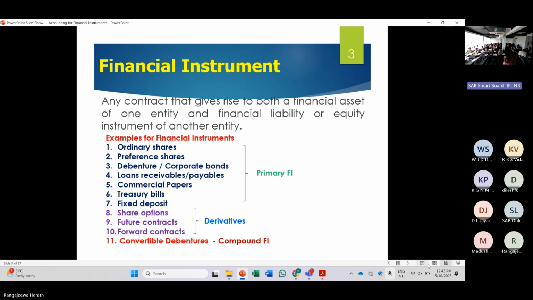Now, an ordinary share is an equity instrument for the issuer. Preference shares are an equity instrument or a financial liability.